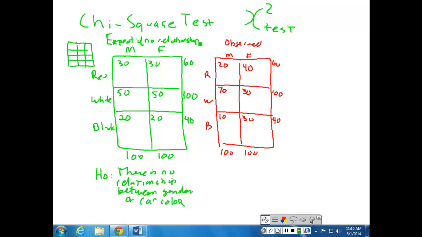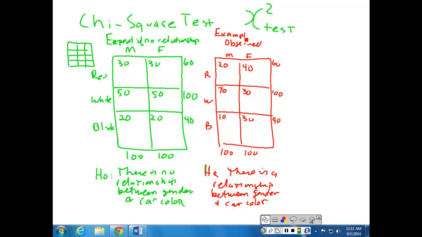It looks like it, because these numbers are far from what you would expect if there's no relationship. There is a relationship between gender and car color. We'll call this example data 1.